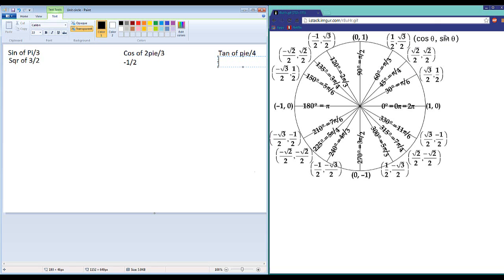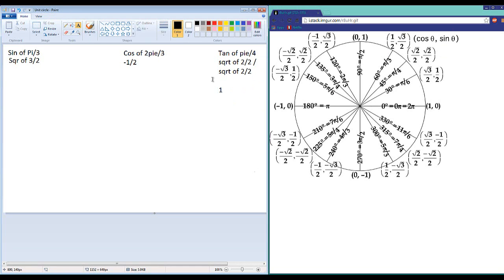Tangent is sine over cosine, so it'll be square root of 2 divided by 2 divided by square root of 2 divided by 2. If you do that math, it's simple math, really, because I chose an easy one. It turns out to be 1. It's very simple.